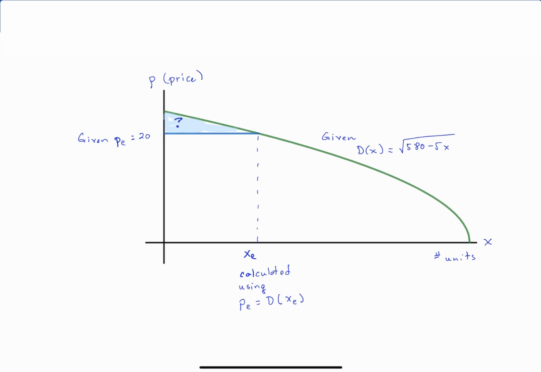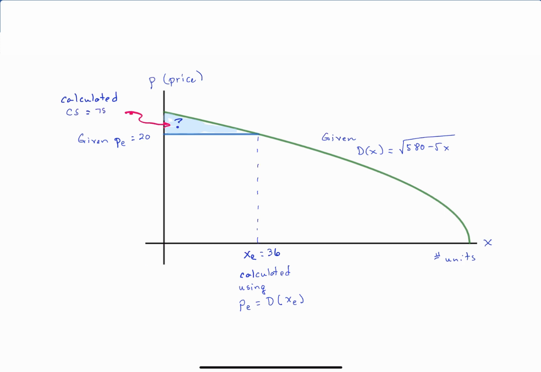And we calculated that equilibrium quantity to be 36. At that point, we were able to answer the question by calculating this area, and for that we got 75.77.